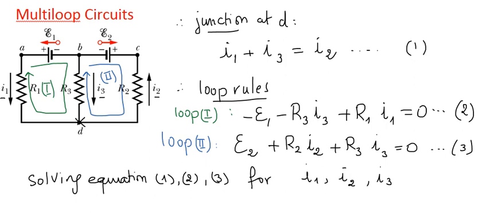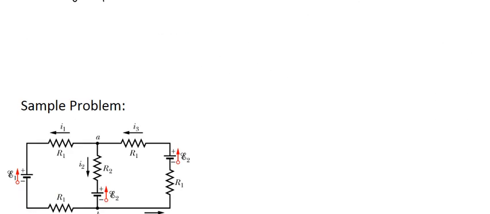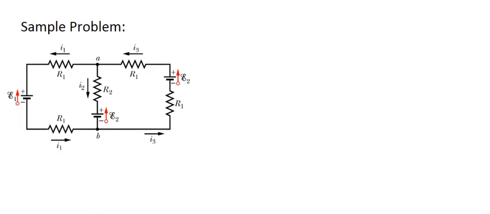So let's see a practical example. Here is our sample problem. We are given this circuit, and we have the values of E1 and E2. E1 equal 3 volts, E2 equal 6 volts.